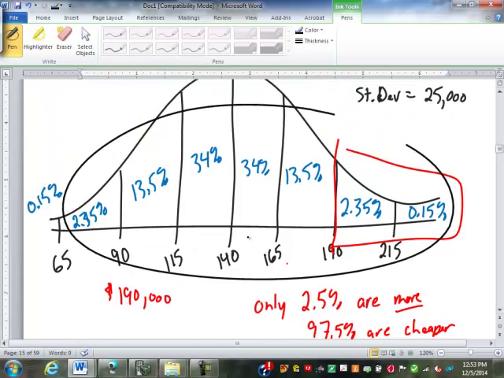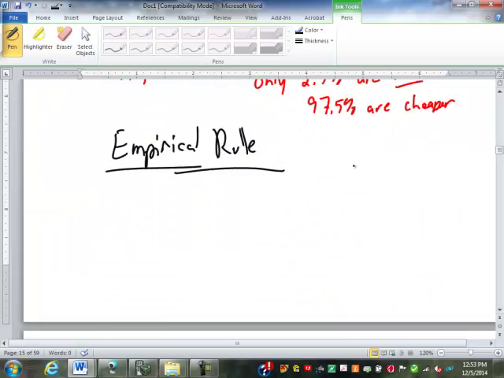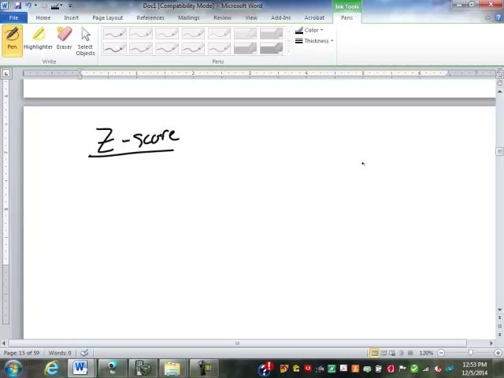But if numbers don't fall right on a standard deviation, let's say it was 170, well, that's somewhere in here, and this doesn't help us a whole lot because it's not right on one of our set marks. Z-scores allow us to be a little more flexible. A Z-score is a number minus the mean, and then that difference divided by the standard deviation.